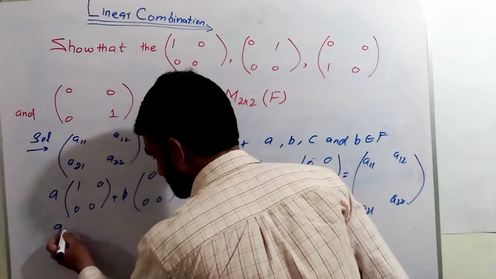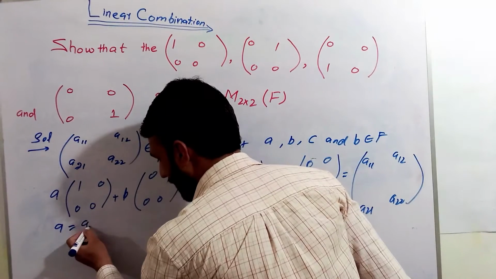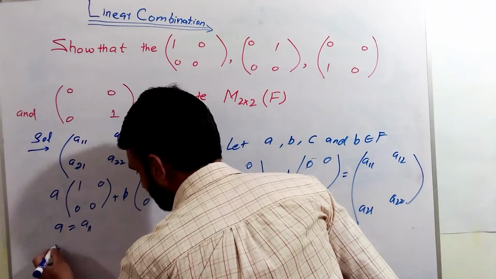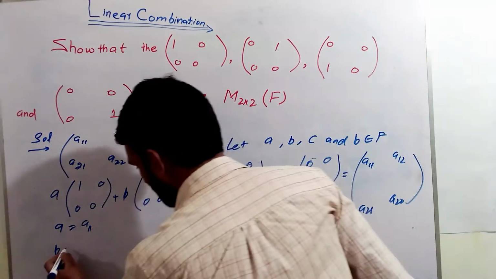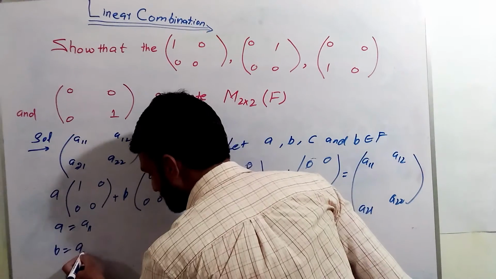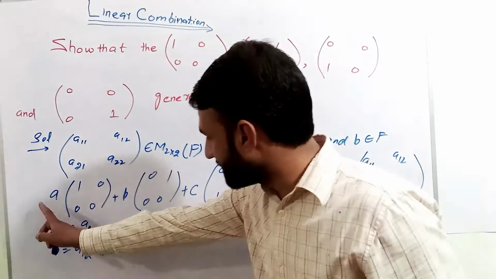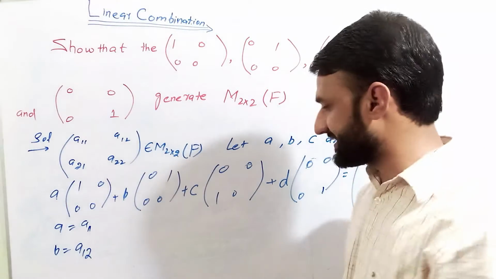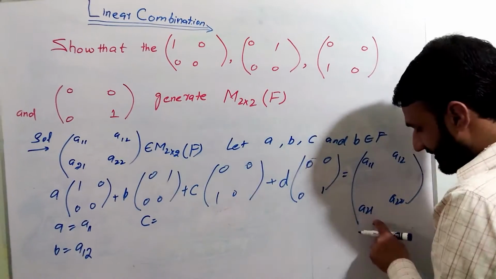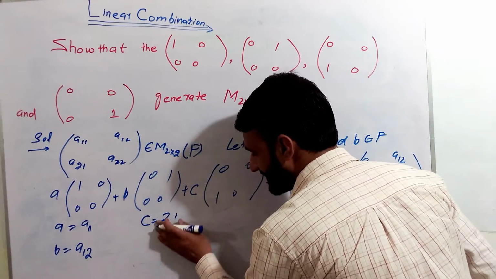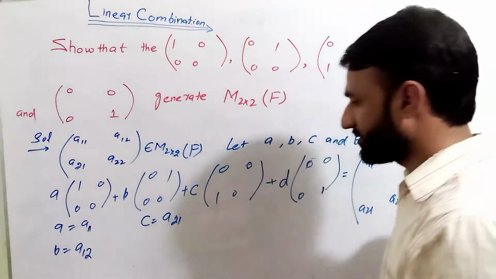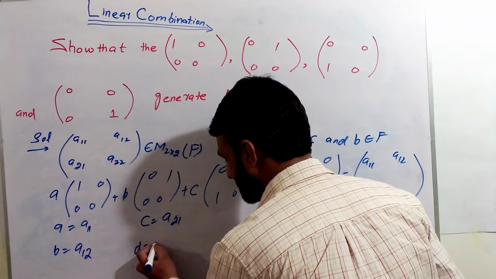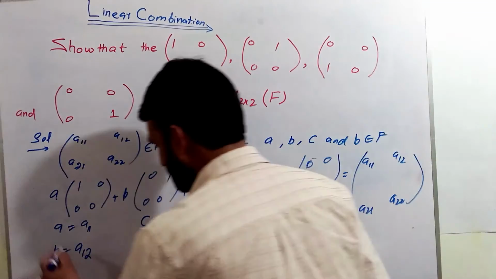No. So it is equal to the entry A11. For the second entry, here is b, and the other entries are 0, so the second entry is A12. For the third entry, in the second row, a is 0, b is also 0, and here is c, so it is equal to A21. For the fourth entry of the second row, the entry is A22.